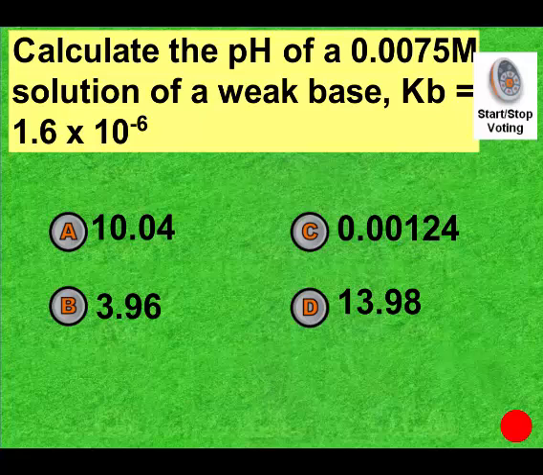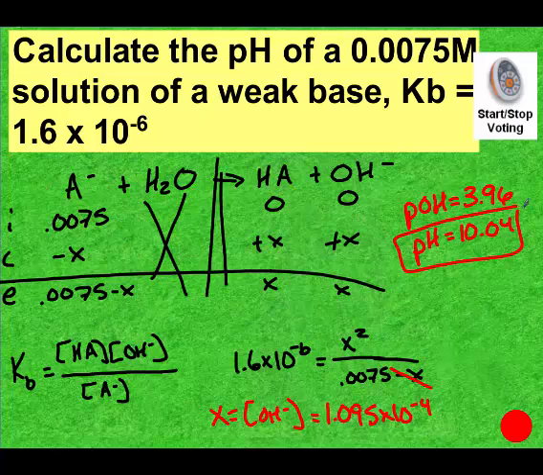I'm going to pause this one and try this last one on your own. Restart when you have an answer. You should have gotten 10.04. If you did, then you are good and you can shut off the video. If not, go ahead and pause the video for the work when that pops up in just a second. So here's the work on how to get that. Notice they didn't tell you the formula of the weak base.